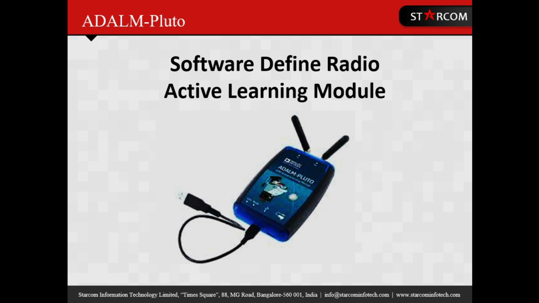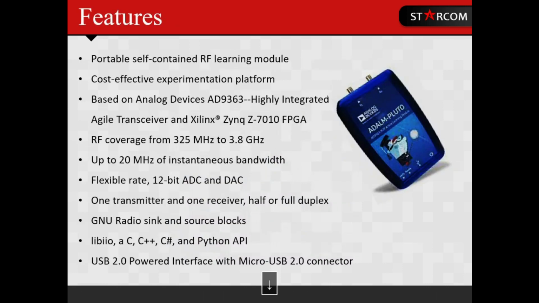The name of this particular device is ADALM-Pluto, the SDR device. It is a low cost, portable, self-contained RF learning module, and it is very cheap in terms of software defined radio.